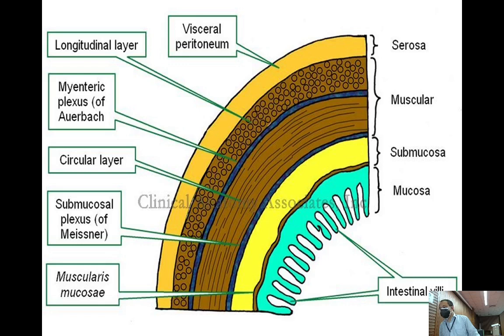Of course there would be a differential structural composition of the tract at different levels, but what you see here in the slide is something that is common to the entire tract. You'll find that the gastrointestinal tract is basically made up of 4 layers.